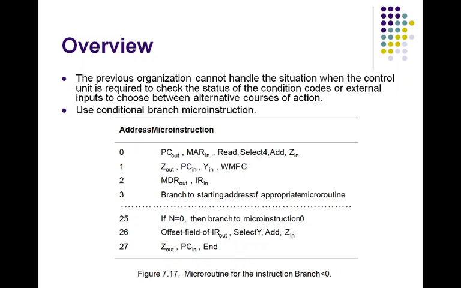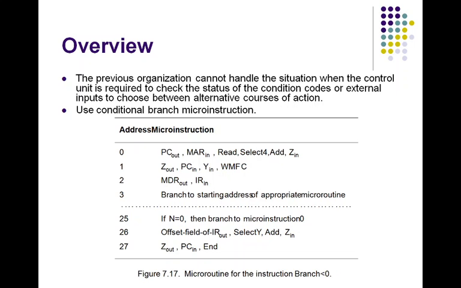If this bit is equal to 0, then a branch takes place to location 0 to fetch a new machine instruction. Otherwise, the microinstruction at location 26 is executed to put the branch target address into register Z, as shown in step 4. The microinstruction in location 27 loads this address into the program counter.